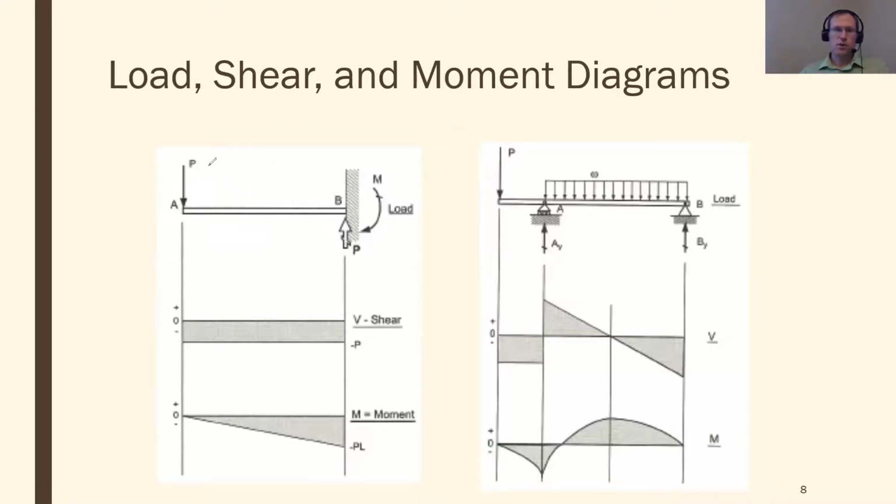This one's fairly simple, with only one force and my reaction forces, so I just make a cut anywhere between A and B. The easiest thing to do is call that some distance x, because then I get a function of x that covers the entire length of my beam from 0 to L. It's better than cutting at 1 meter, then 2 meters, and 3 meters, and plotting all those points. I just plot it as a function of x.